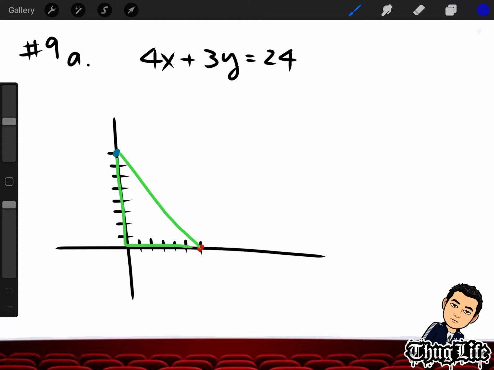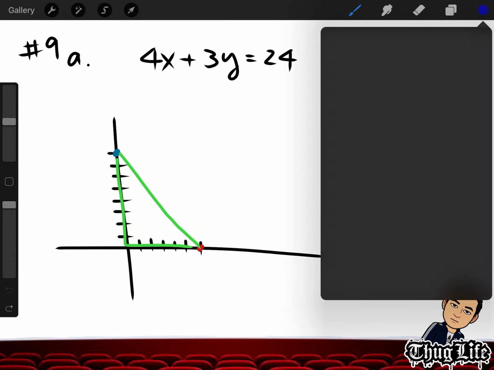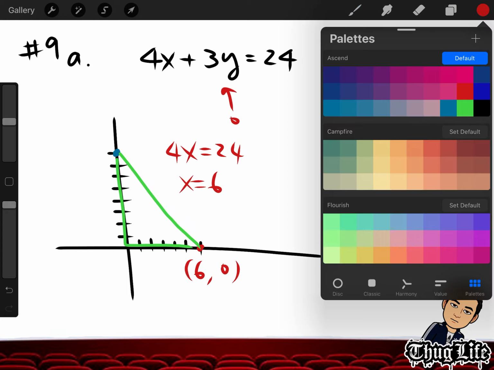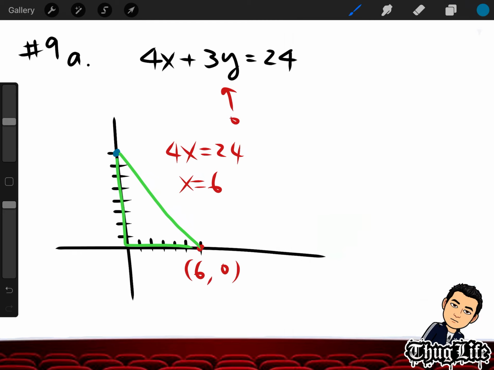In order to find this red point, that's the x-intercept. That means you have to plug in 0 for y. So you have 4x equals 24, so x equals 6. The x-intercept equals 6, so this point is at 6, 0. To find the y-intercept, you have to plug in 0 for x.